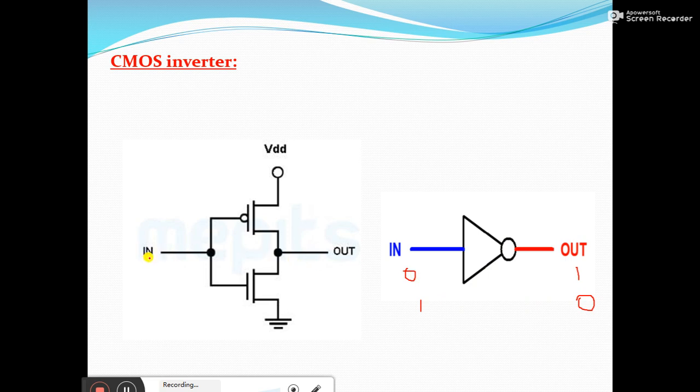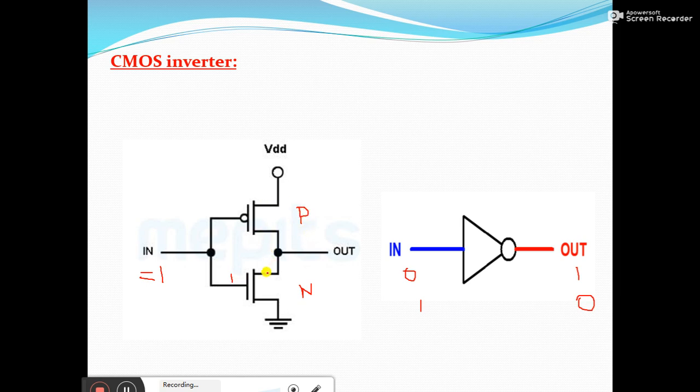Let's say the input is 1. Remember, 1 will come at the NMOS here. Let's say this is NMOS and this is PMOS.